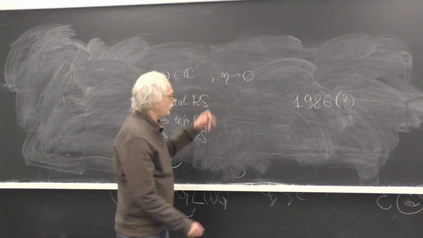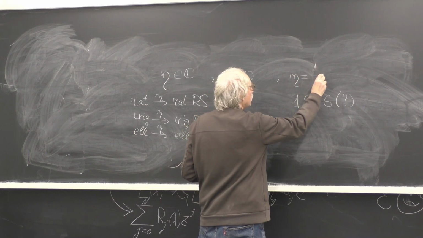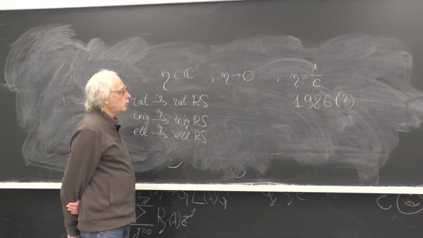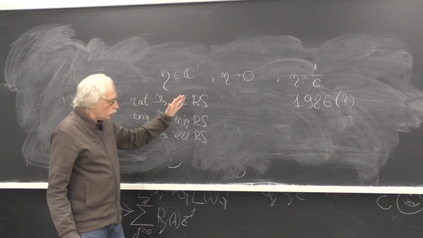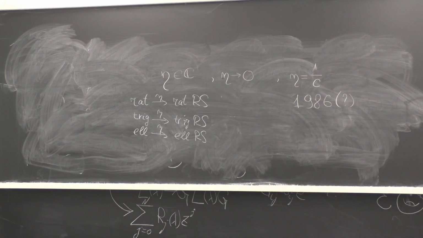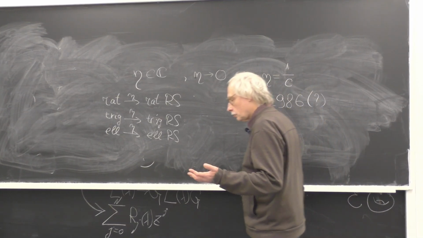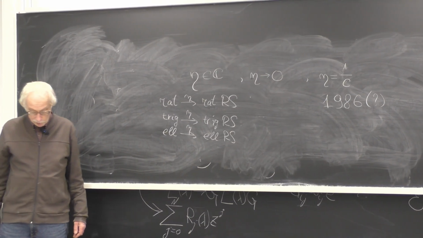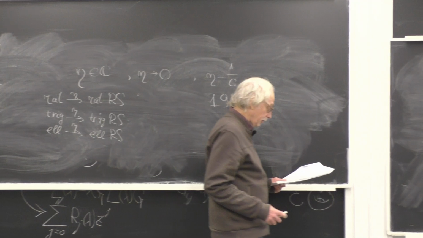And this parameter eta is then interpreted as the inverse velocity of light. But these models are also integrable, so this deformation preserves integrability. These models have Lax representations and so on. And we will start with the simplest case of the rational model.